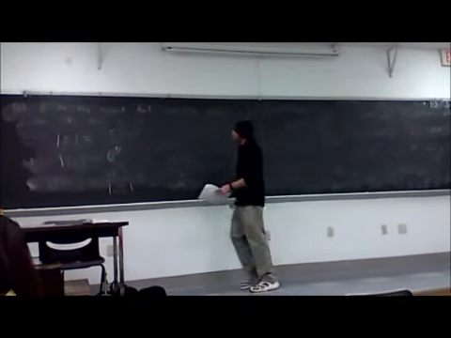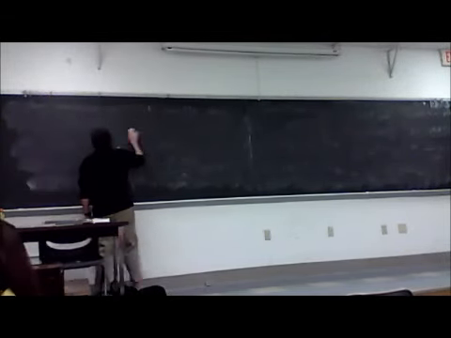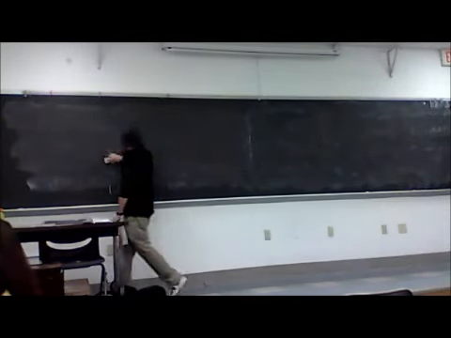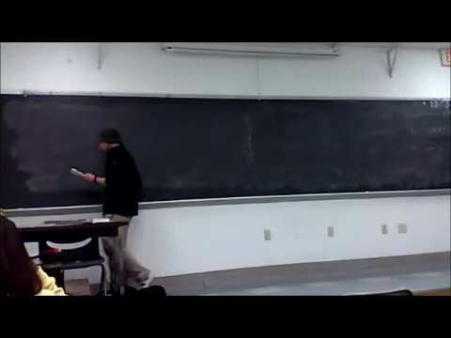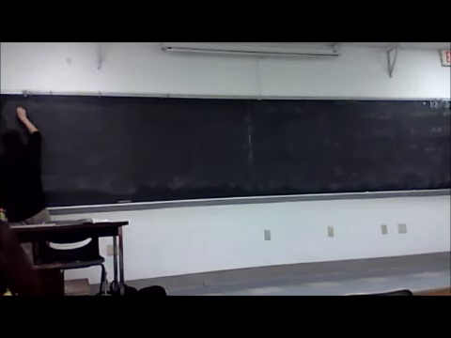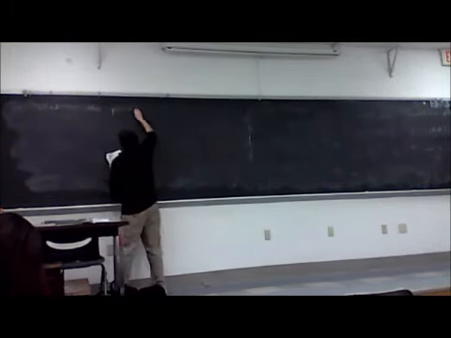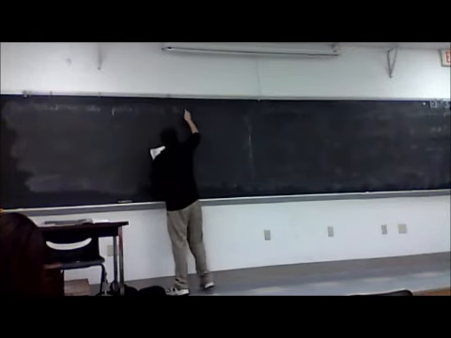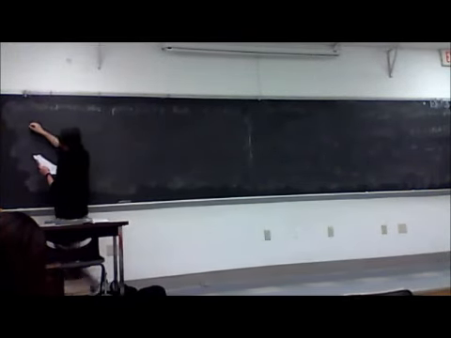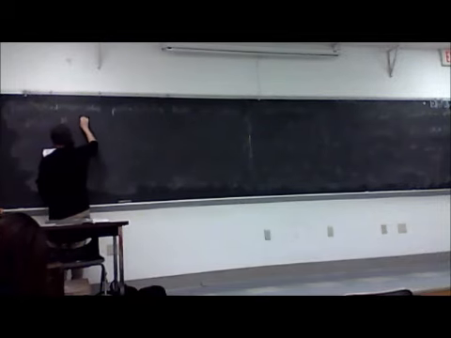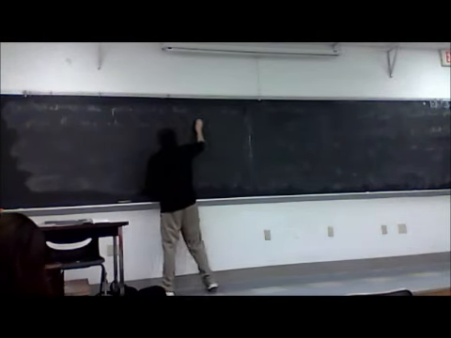So let's do this one. So I want to know for A, what is the probability that a 7-digit phone number has at least 2 5s.